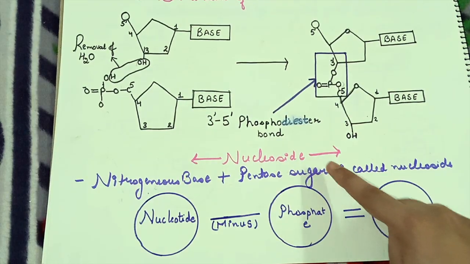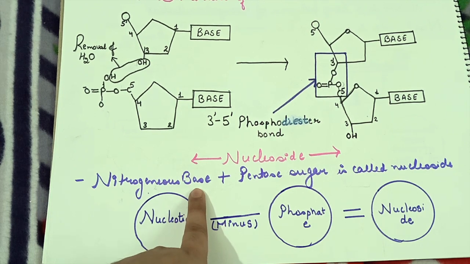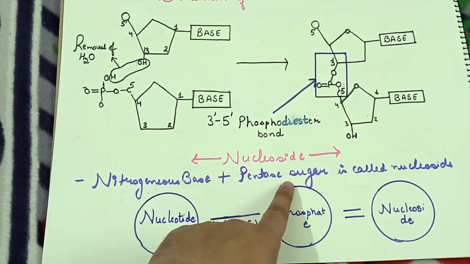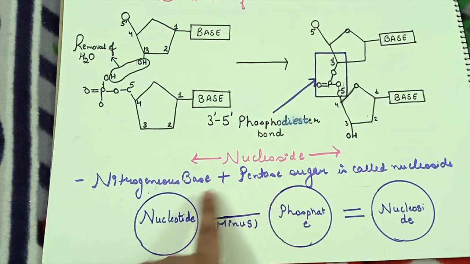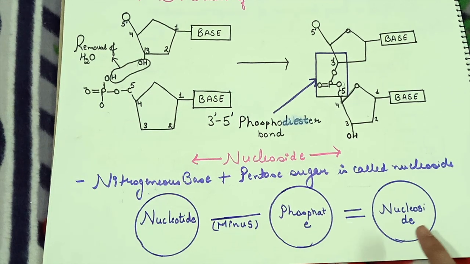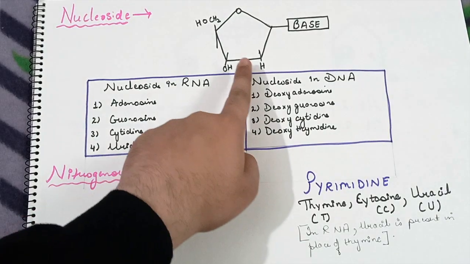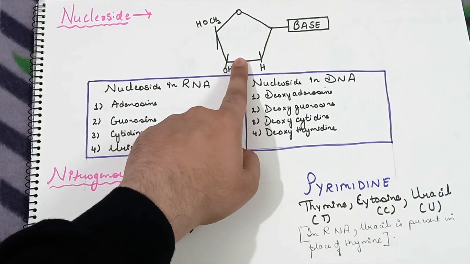Now let us study what is nucleoside. A nucleoside is formed when nitrogenous base is linked only with pentose sugar and there is no phosphate group. So we can say that nucleotide minus phosphate is equal to nucleoside. So given below is the structure of nucleoside.